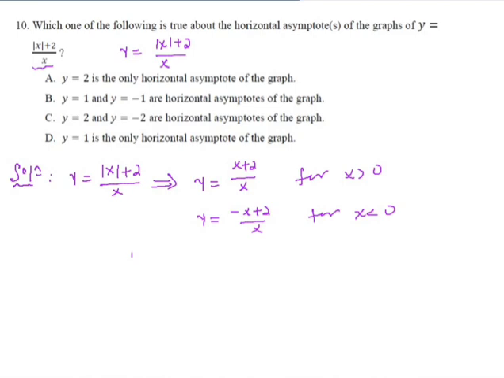Therefore, the horizontal asymptote for this function will be y equals 1 over 1, which is 1, or y equals minus 1 over 1, which is minus 1. So there are two horizontal asymptotes for this function: y equals 1 and y equals minus 1.